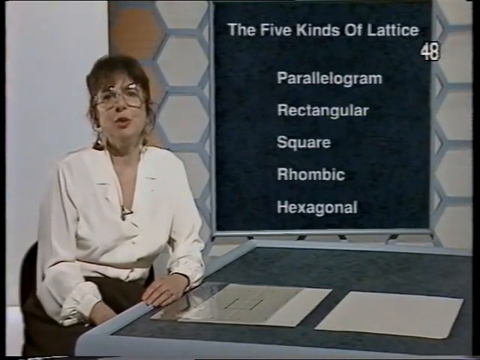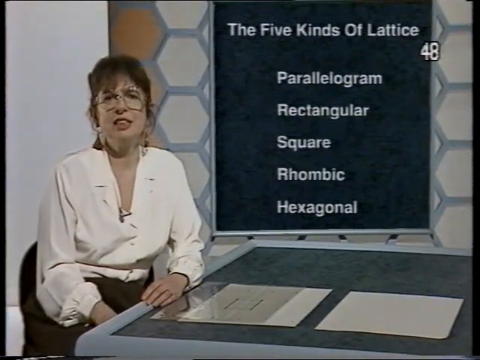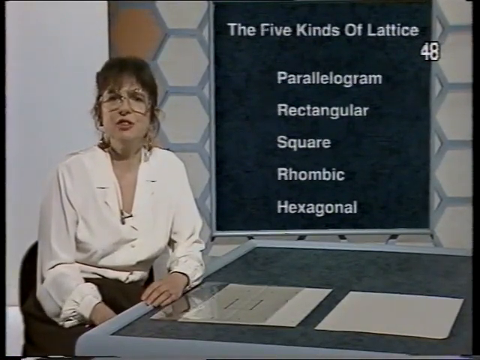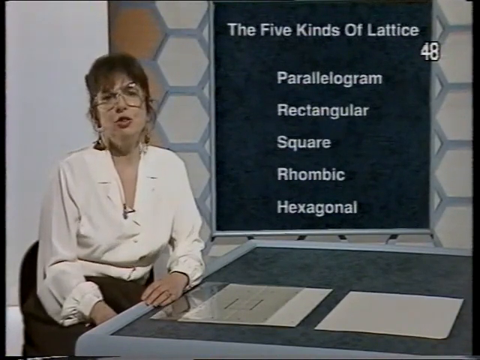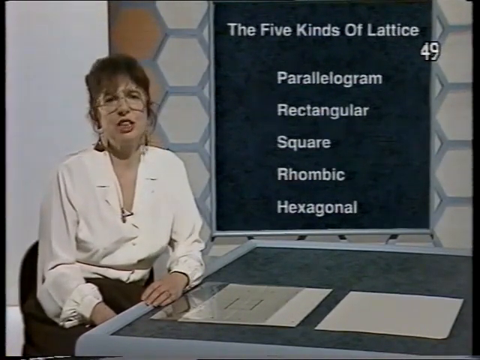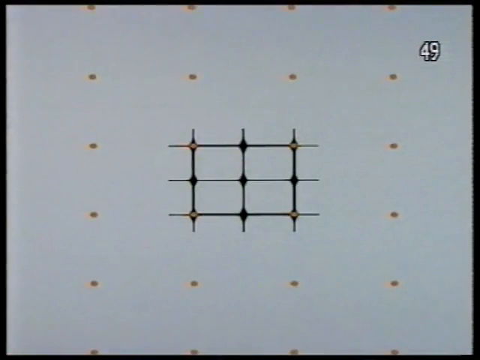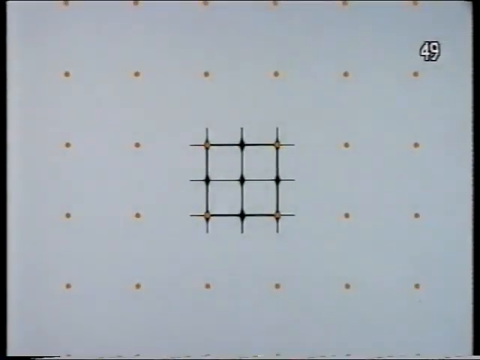And that's dealt with the parallelogram and rectangular lattices, where the basis vectors are of different lengths. For the remaining lattices, we drop this restriction. If we squash the rectangular lattice until the basis vectors become equal, what we get is a square lattice. Have we introduced any new symmetries?